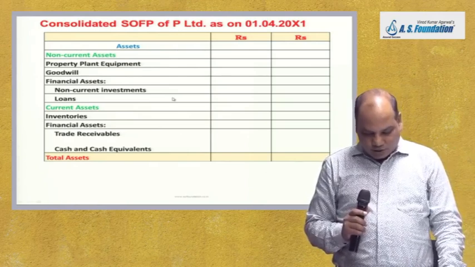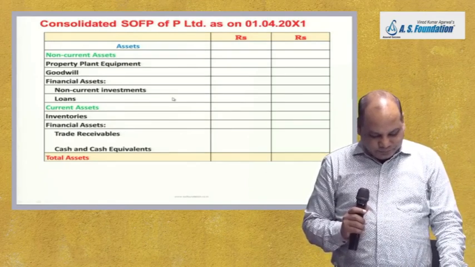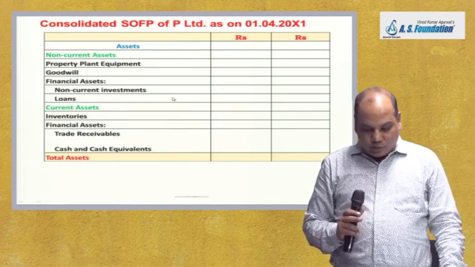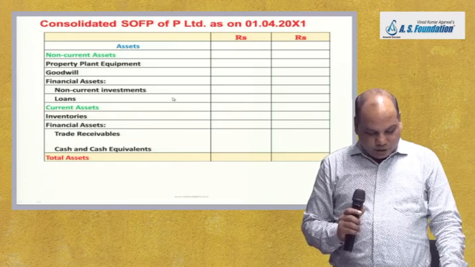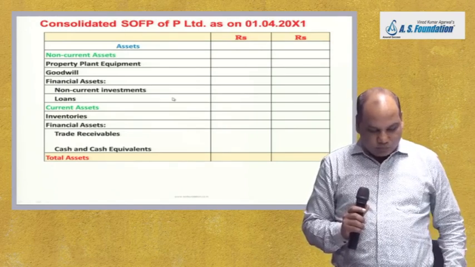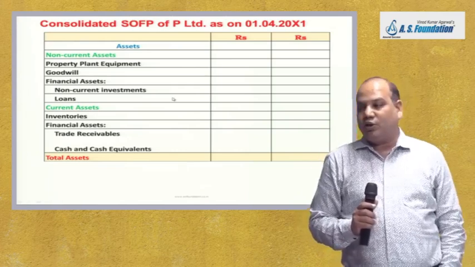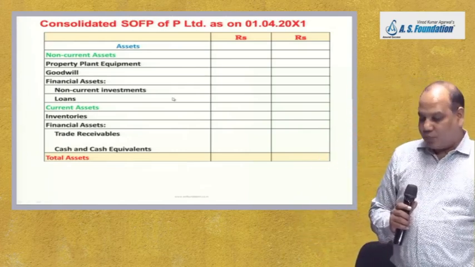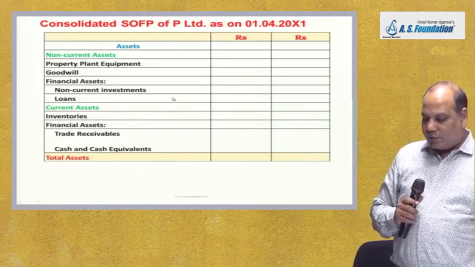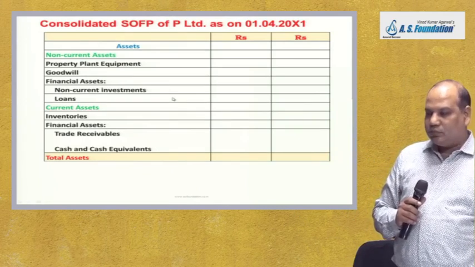Assets, non-current asset, property, plant, equipment. Only one line you will insert there. Intangible asset dash goodwill, because you may get goodwill in the process of consolidation. One line blank, financial asset.